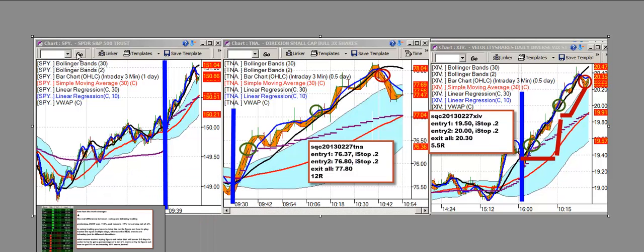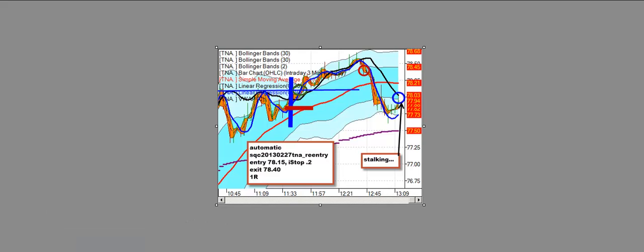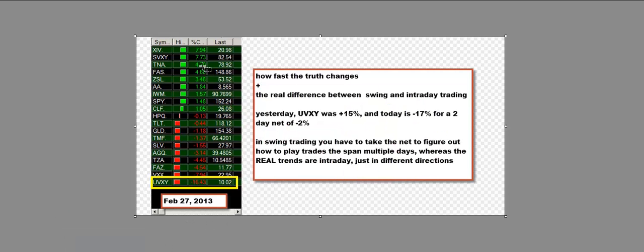Now, the final note, what's interesting to note on this also is that at that moment in the market, this was on February 27. At that moment, UVXY, the double VIX, was down 16%. Well, the previous day it had been up 20%.